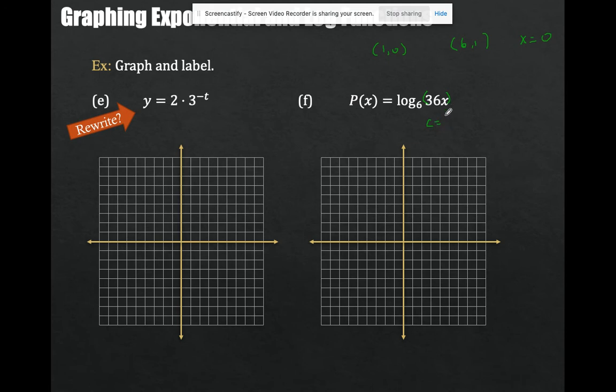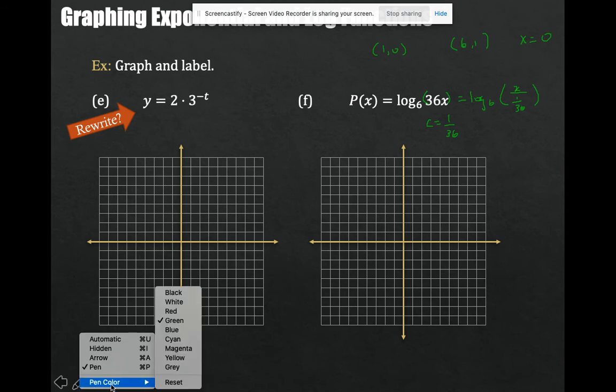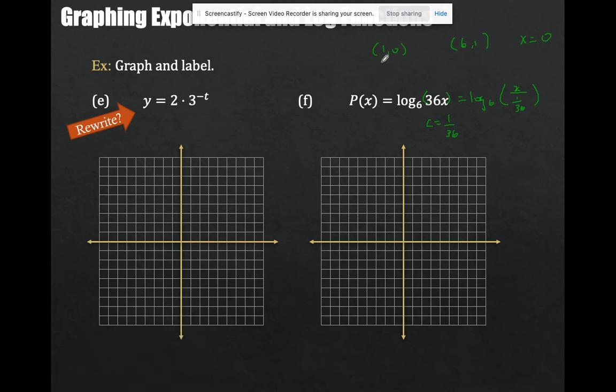This was actually x divided by 1 over 36. My C is 1 over 36. That's on the domain. I'm multiplying. So what do I get? Oh, that's kind of nice. What is that?